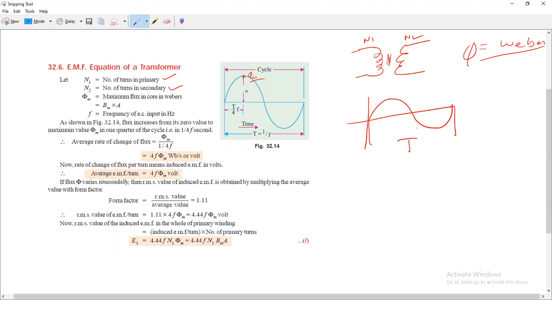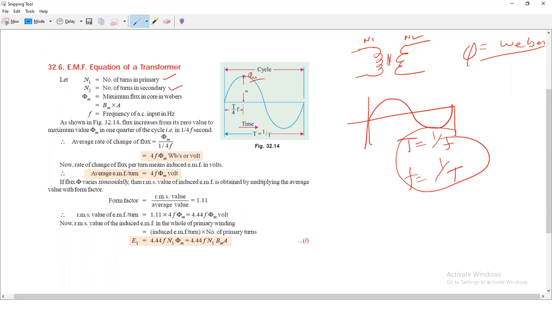T is equal to 1 by F. Time period is equal to 1 by frequency, or frequency is equal to 1 by time period. This is the relation between frequency and time.